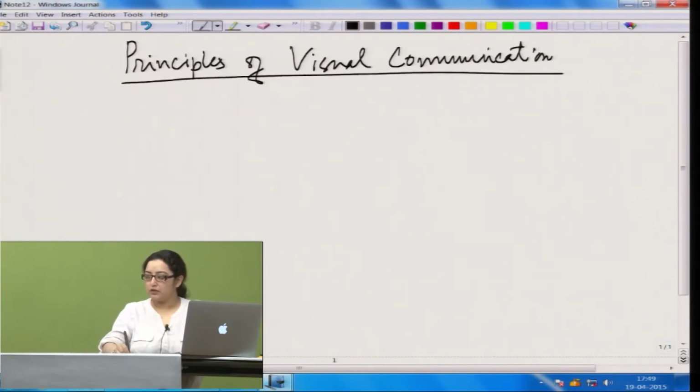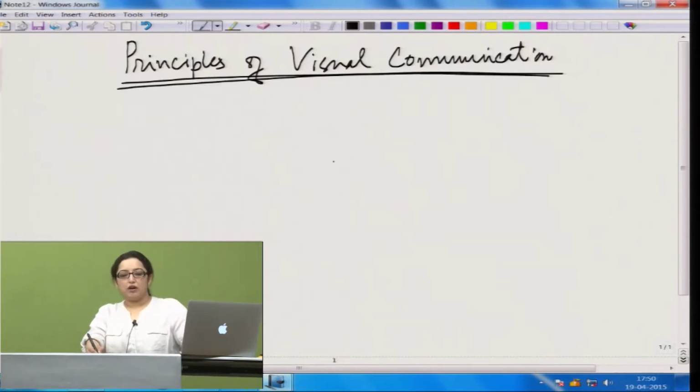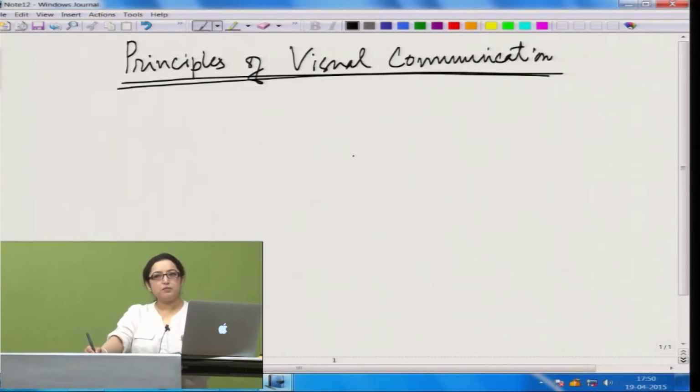So, it is very important to decide what style we are adopting here. If we at all want to stick to how things are there in nature, or just keep things as like a photographic reality, that is one possibility.